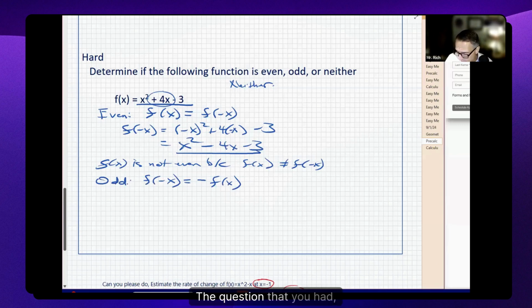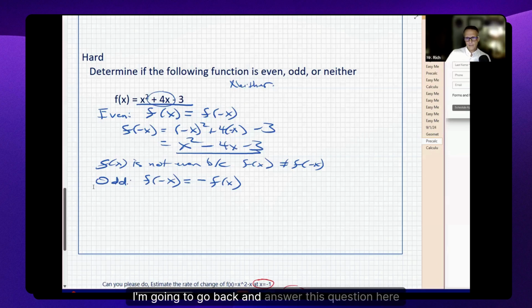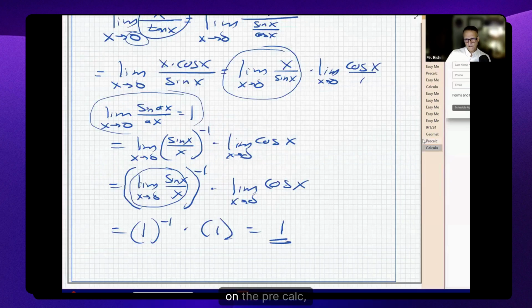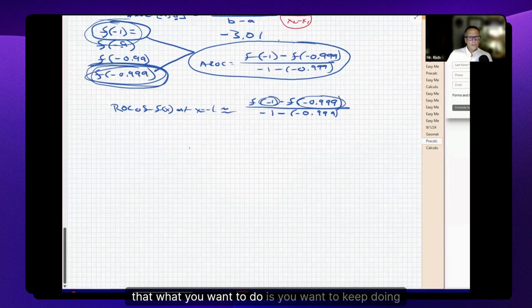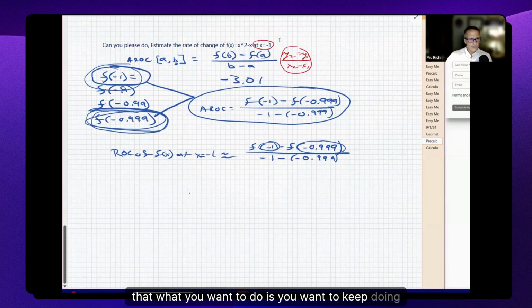Oh, I see the question that you had. Does it mean that -3.001 and -2.99 are both correct? No, I'm going to say this way. So the question is that -3.001. What you have to do, I'm going to go back and answer this question here on the pre-calc, is keep doing this until you get to the third decimal place.